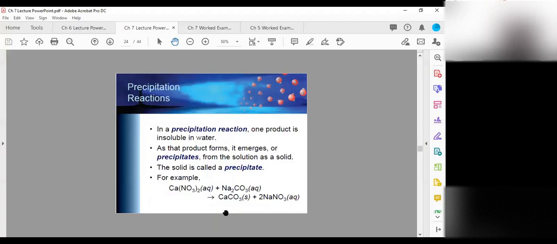Let's see. There is a type of reaction that is called precipitation reactions. These precipitation reactions, basically, have a product, at least one product, that is a solid. Like in this case, you could see the mix of the two generates calcium carbonate, which happens to be solid.